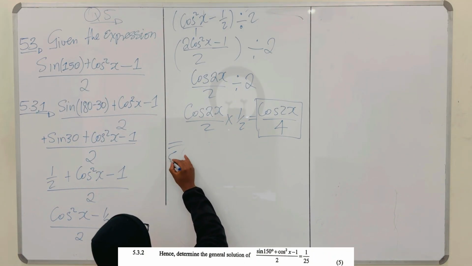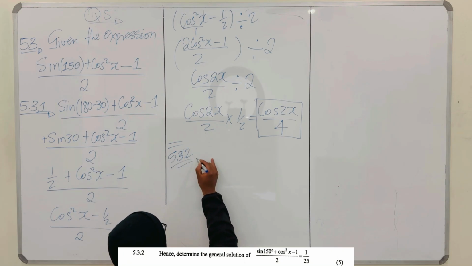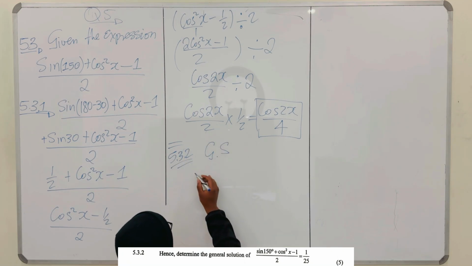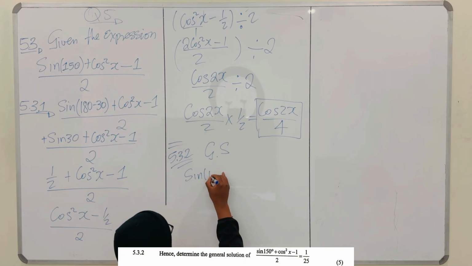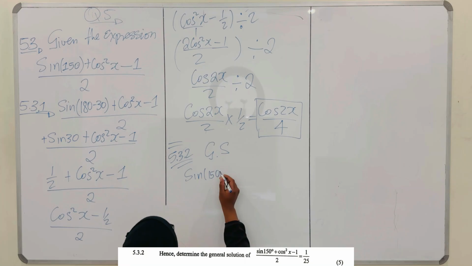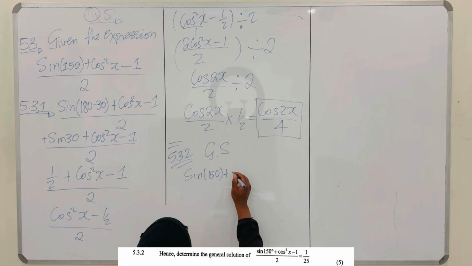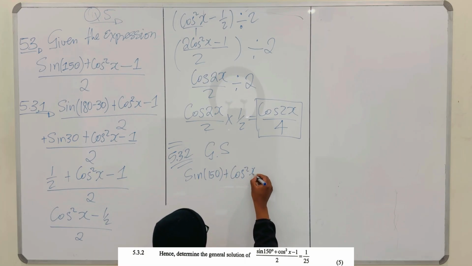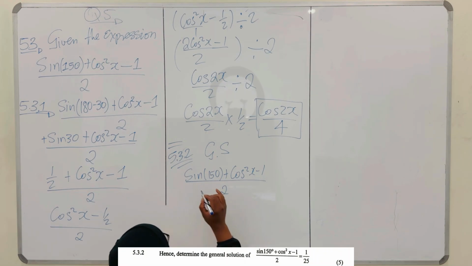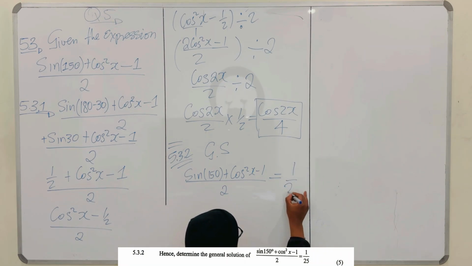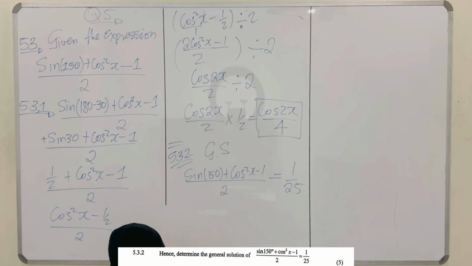They want us to find the general solution of this thing here, which is sine 150 degrees plus (cos squared x minus 1) all over 2, right, is equal to 1 over 25.